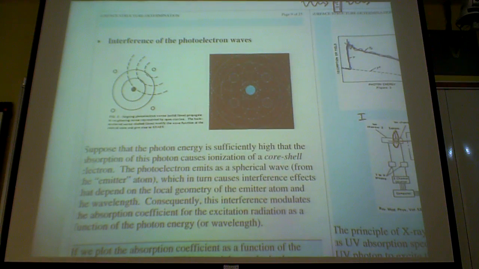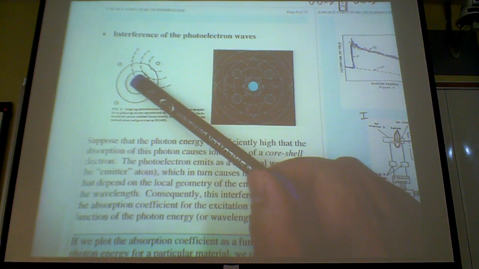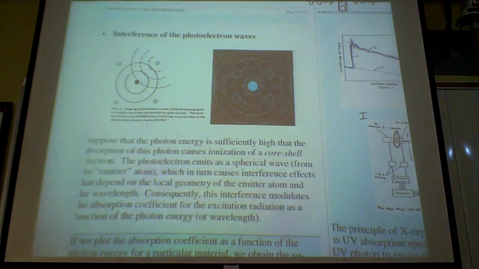We have a photon coming into this atom, let's say. This atom completely absorbs my photon, and this photon has enough energy that it ionizes, goes into an ionic state, and in the process emits a photoelectron.